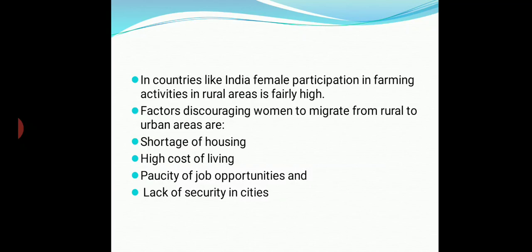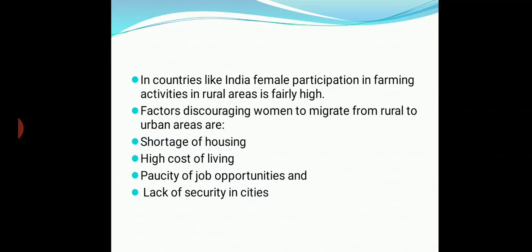Certain problems, as you all know: shortage of housing, high cost of living. Independently, it might be that they are unable to afford an independent house, or manage the high cost of living of the urban areas, and then according to their mental level and education level, it might be that there is a shortage of job opportunities.